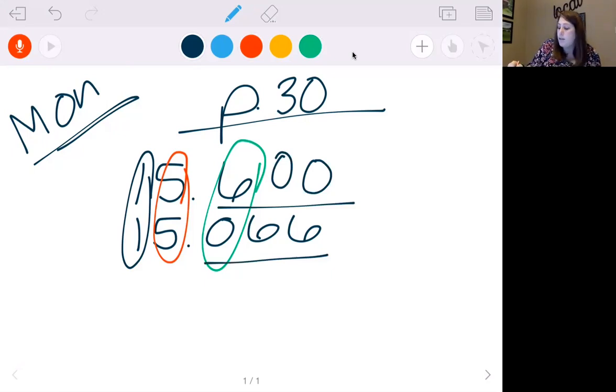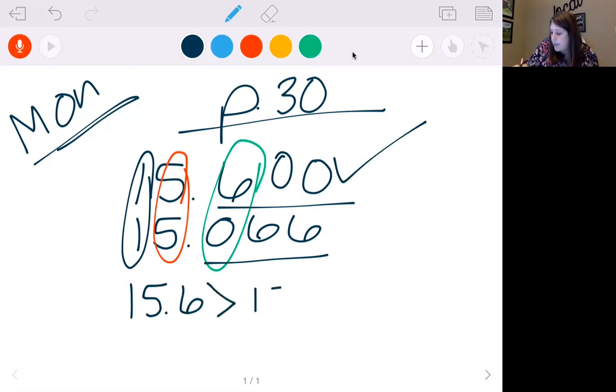So we know that this one is going to be our bigger decimal. You also know it's bigger because you know that 6/10 is bigger than splitting something into 66 hundredths. So we would write this as 15 and 6/10 is greater than 15 and 66 thousandths.